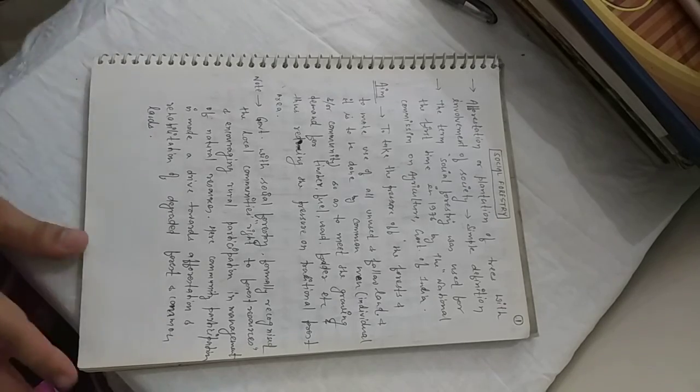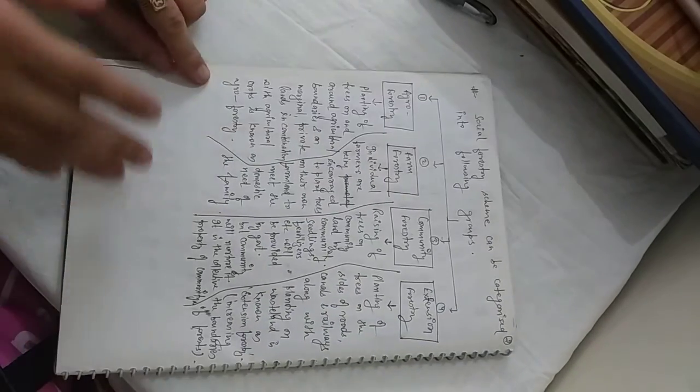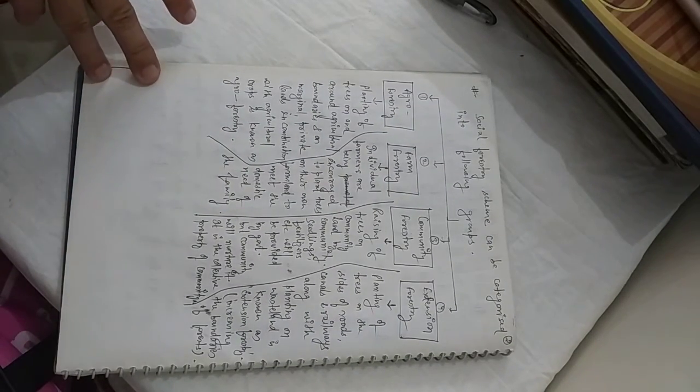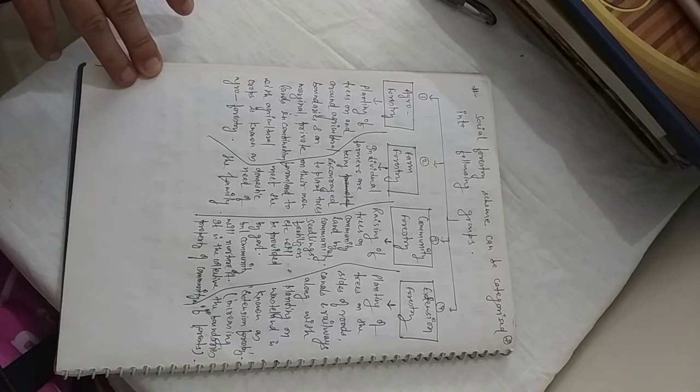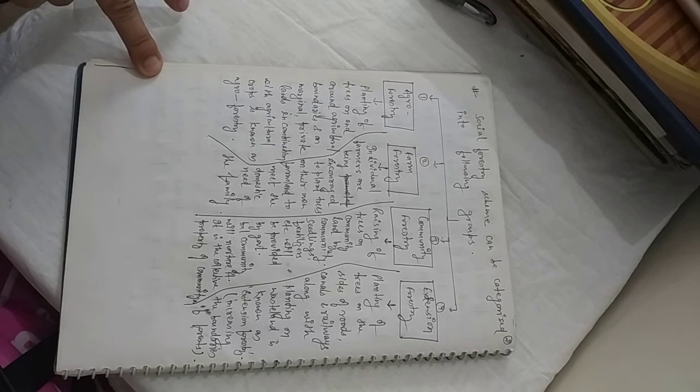It comprises four other similar terms which we can understand. Social forestry includes agroforestry, farm forestry, community forestry and extension forestry. Getting my point? So don't get confused.